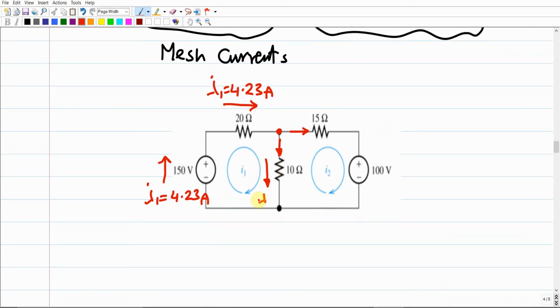It should be like I1 here, and there should be I2 going up. So it means that I1 is positive because it is in the same direction that we have to consider for the current, negative I2, right? So this current over the 10 ohms should be I1 negative I2 equals, how much is I1?